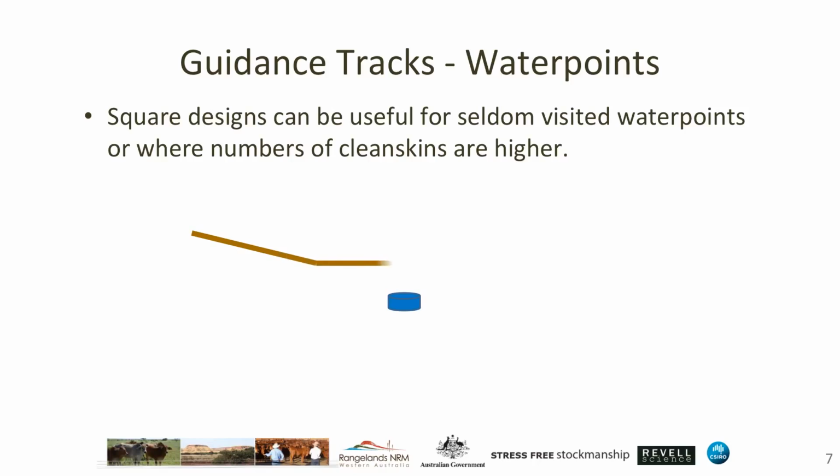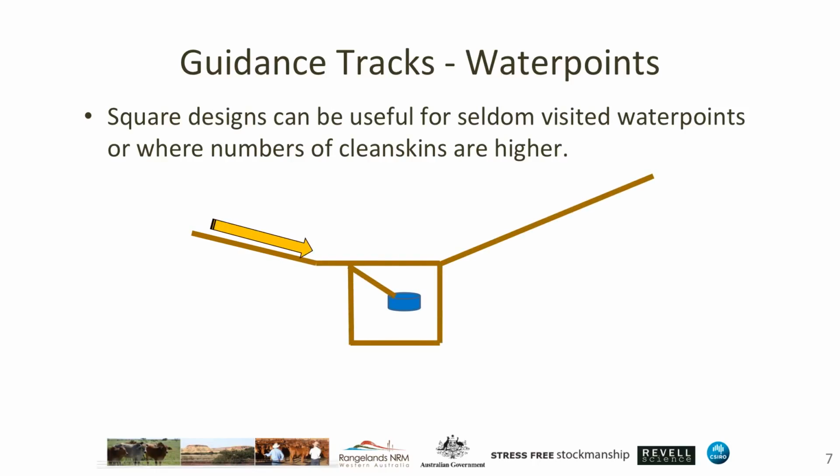Now, I mentioned that a slightly more complex design could be useful. For example, if you seldom visit a particular water point and want to create more opportunities for paralleling and de-stressing of the animals on those visits, or where there's a higher number of clean skins and increased numbers of parallel movements would be beneficial for reducing their stress and reducing their movement so they don't scatter on each occasion that you visit the water point.